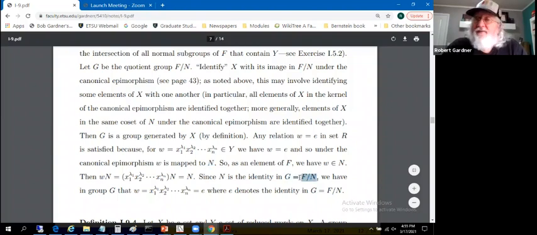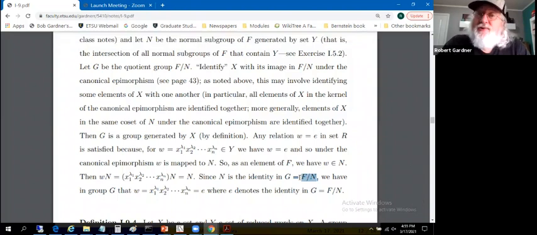In quotient group F mod N, the identity coset is N itself. So the way we've constructed N will have that satisfied. If W is in N, we'll get N back out, and that's how we get the relation satisfied.